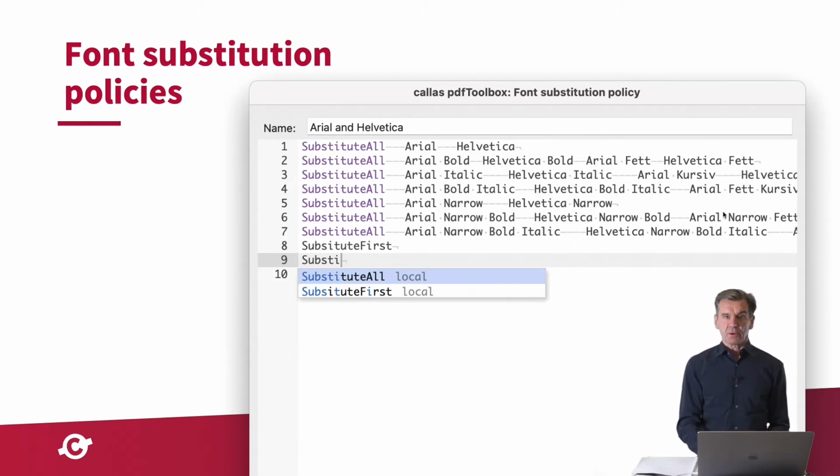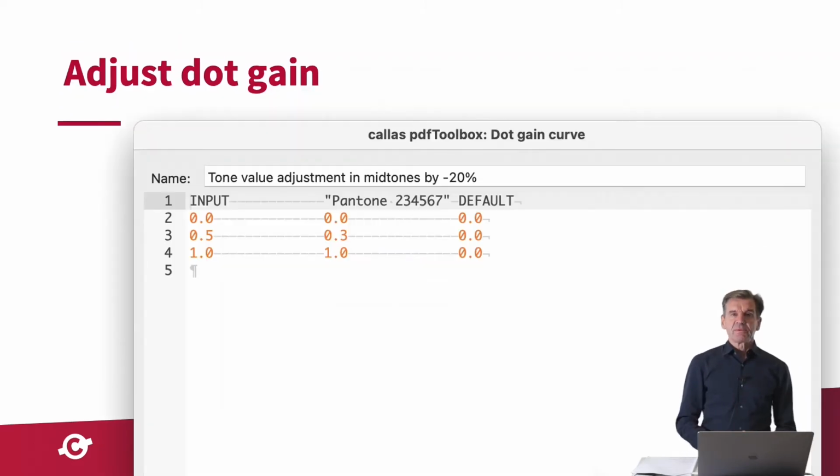And that also, of course, allows you to have syntax highlighting and everything. And same here for dot gain curves, that are used in adjust dot gain, and also in a fixer where you create a white form out of content on a PDF page.